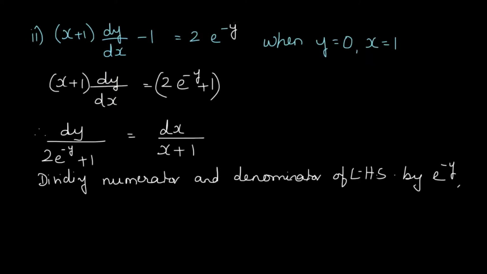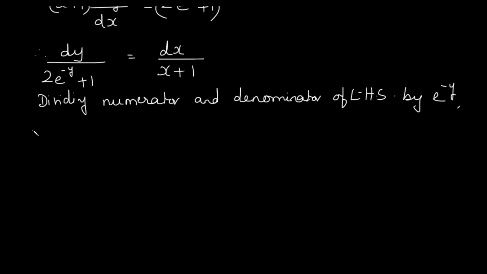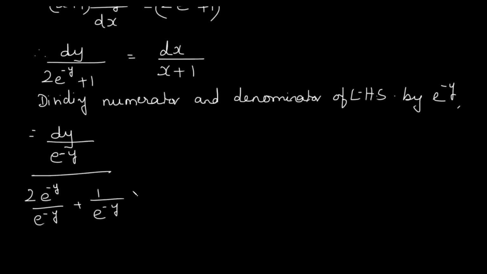Now when we divide it by e raised to minus y, we are going to get dy upon e raised to minus y upon 2e raised to minus y upon e raised to minus y plus 1 upon e raised to minus y. So we divided each term on the LHS by e raised to minus y. RHS remains the same as of now.